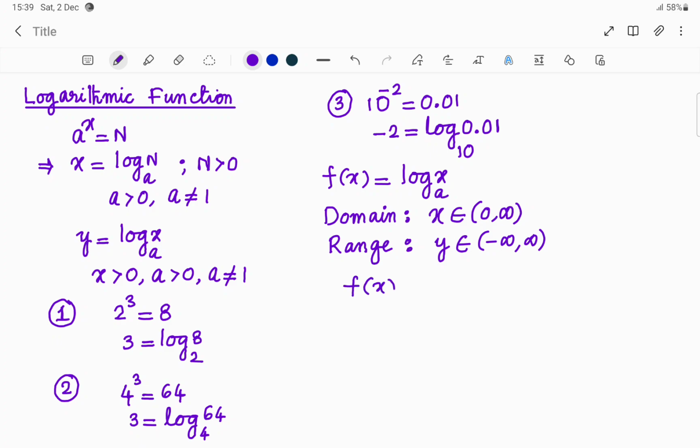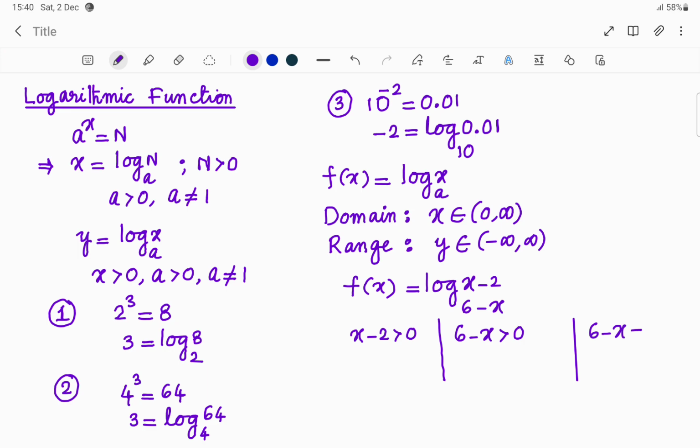Suppose f of x is equals to log of x minus 2 base 6 minus x. If you want to define this function, you must write x minus 2 greater than 0, 6 minus x greater than 0, and at the same time 6 minus x not equal to 1.